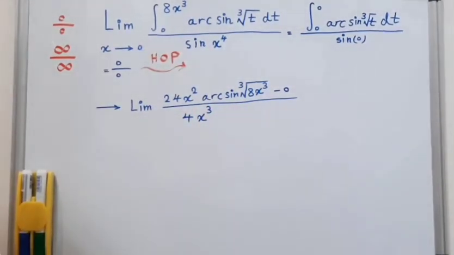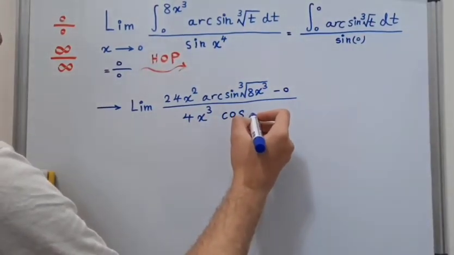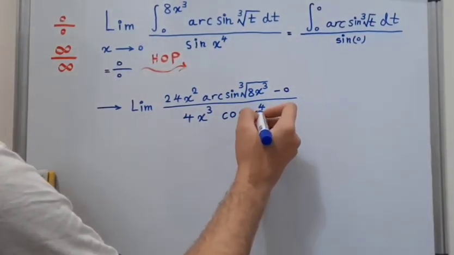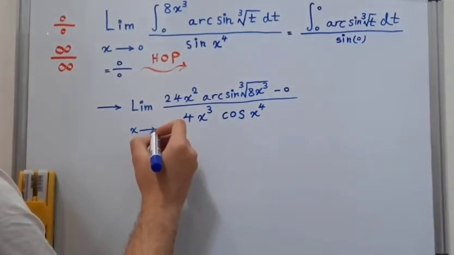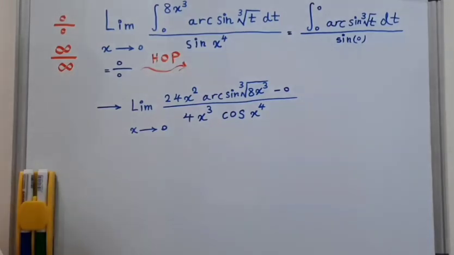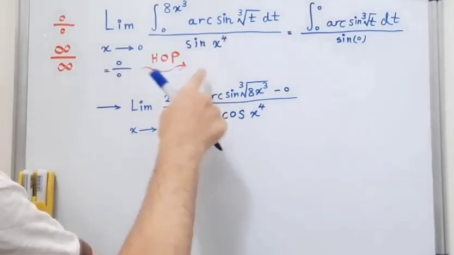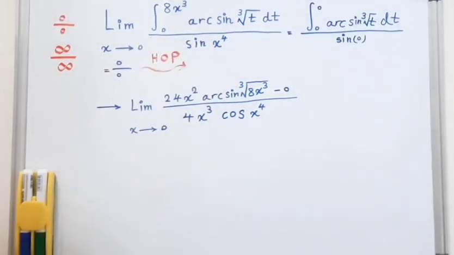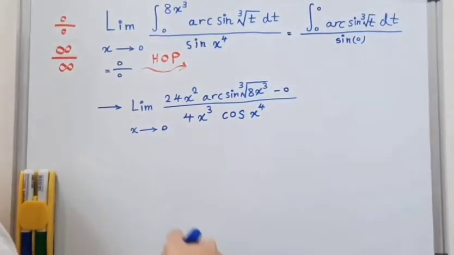And cosine x to the power 4, and x goes to 0, and we don't want sine x to the power 4 because it is n minus 1, that is here 1, and 1 minus 1 will be 0, and sine to the power 0 will be 1. So we will reach this expression.